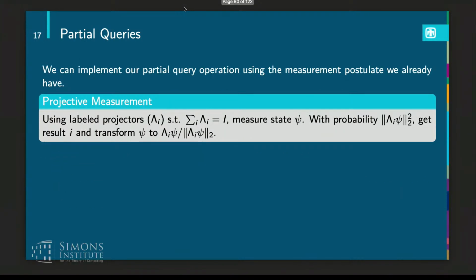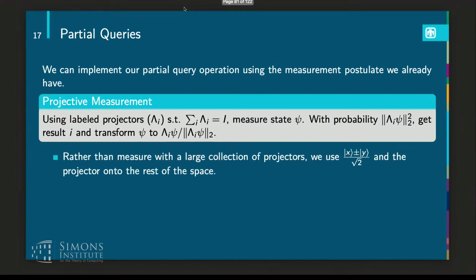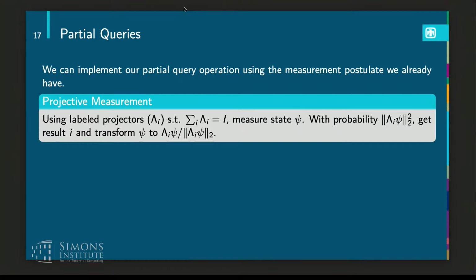Okay. Then for the partial query operation, we're actually not going to need to introduce anything new. We're just going to use the same projective measurement primitive that we had before. But now we're going to care about what actually happens with this collapsing effect.